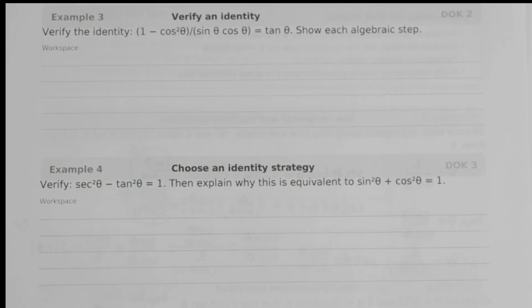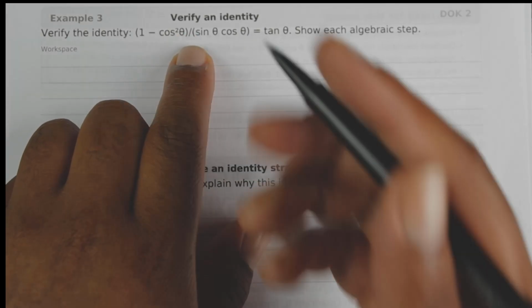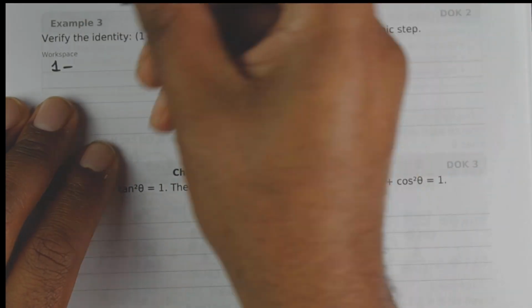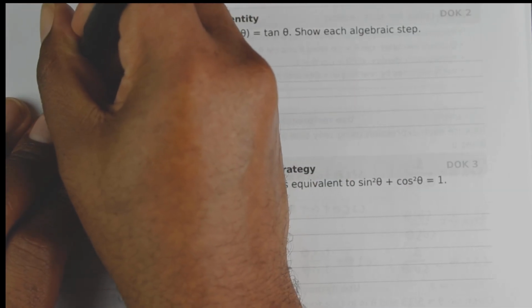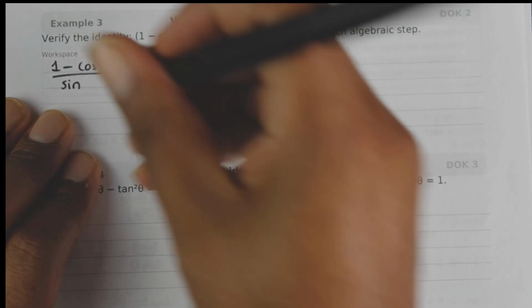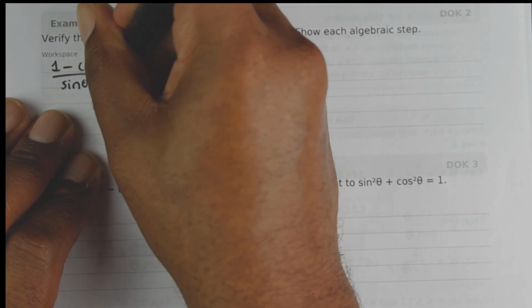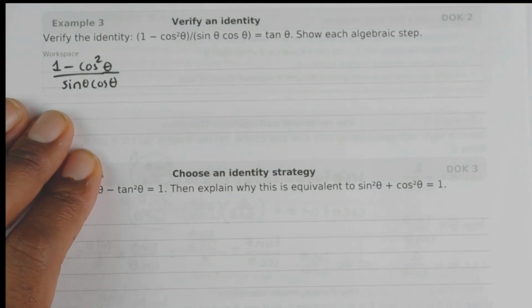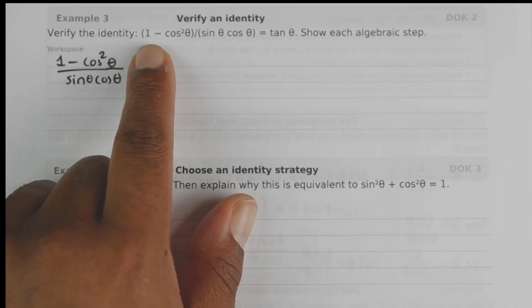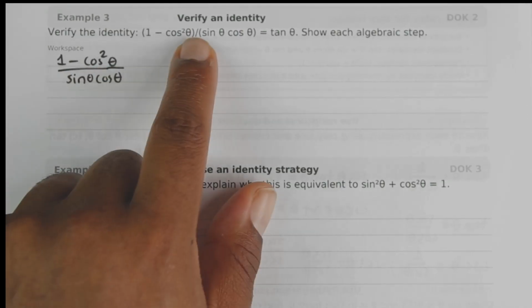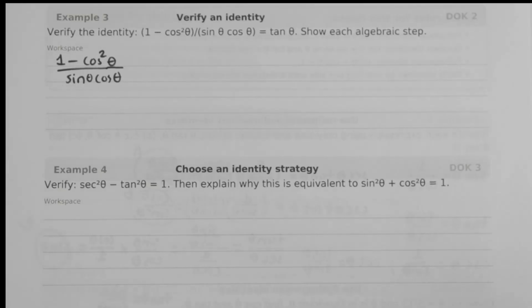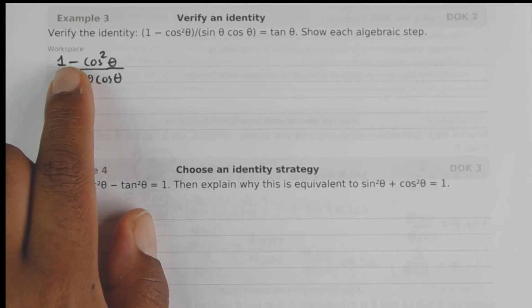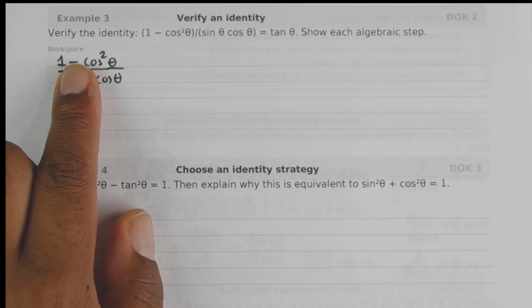Okay. So what I'm gonna do is start with the left-hand side. All right, so we have 1 minus cosine squared theta divided by sine theta cosine theta. So 1 minus cosine squared theta divided by sine theta times cosine theta. So I want to use the Pythagorean identity again because I notice it up here, right?